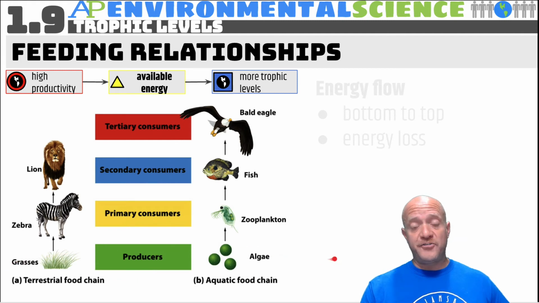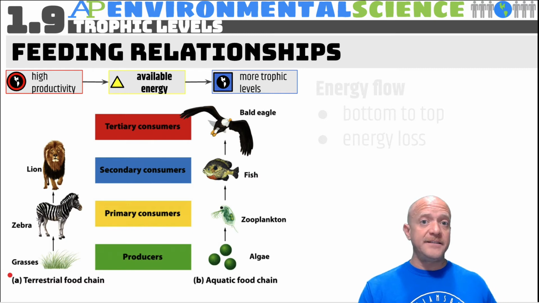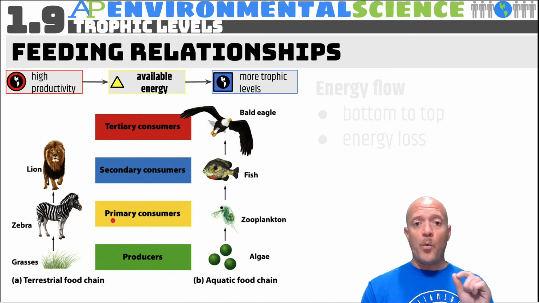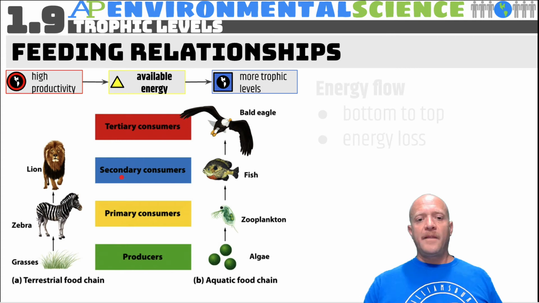These are the autotrophs that are using the sun's energy through photosynthesis to obtain their carbohydrates in the form of glucose. You have a primary consumer, and a lot of times primary is written like 1 with a little degree behind it. Like 1 degree means primary, 2 degrees would be secondary, 3 degrees would be tertiary.